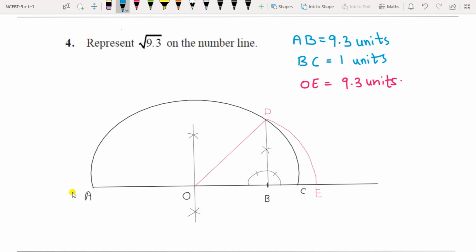Taking more than half of the length of AC, keep the compass on A and make an arc from here and here, and keeping the same measurement, take another arc from point C and cut the previous arc, and join this line, so you get a point O here. I have shown you in the earlier videos how to draw the perpendicular bisector.